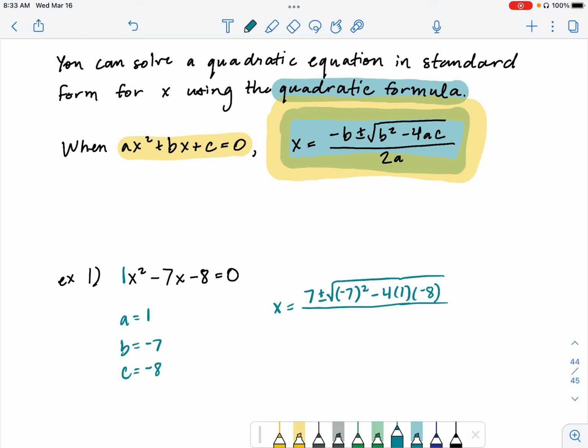All divided by 2 times a, which is 1. Now I have all the numbers in there, no variables I even need to worry about.